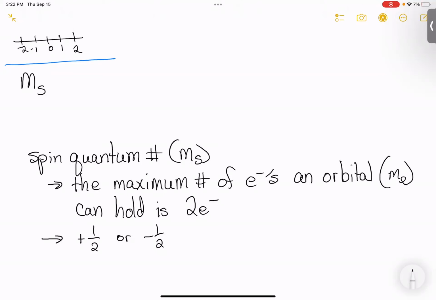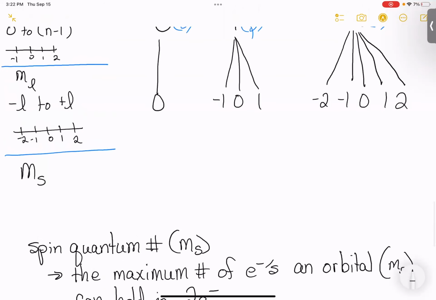We're going to have elements that are really big. So how are we only going to be able to have some per orbital? Remember, your orbital is the m sub L. So this orbital can have a +1/2 and a -1/2. Each of those 1/2s represents an electron. So there's two.